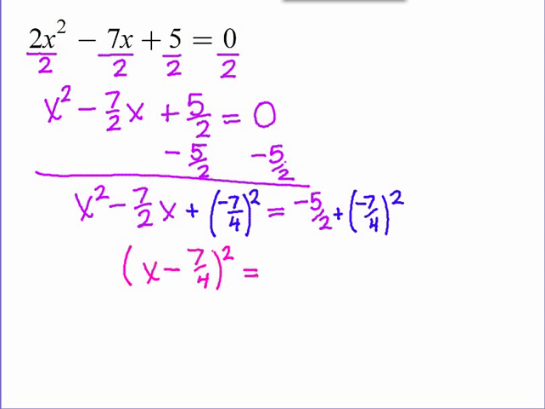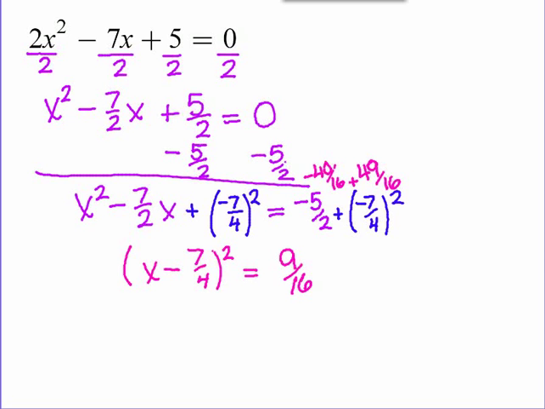Now we need to add these together. First of all, negative 7/4 squared is 49/16. Negative 5 halves is negative 40/16. So if I add negative 40/16 and 49/16, I get 9/16.